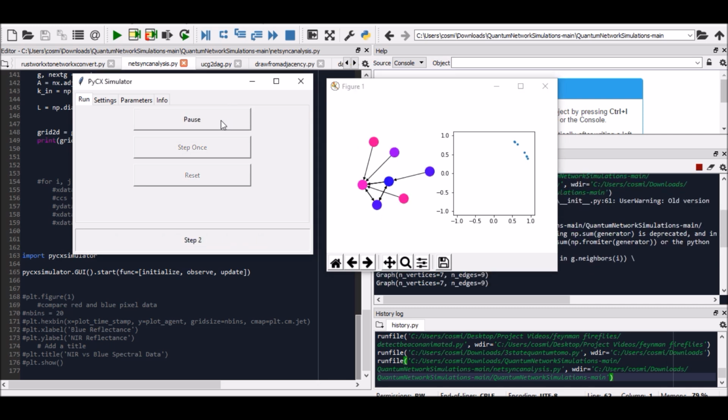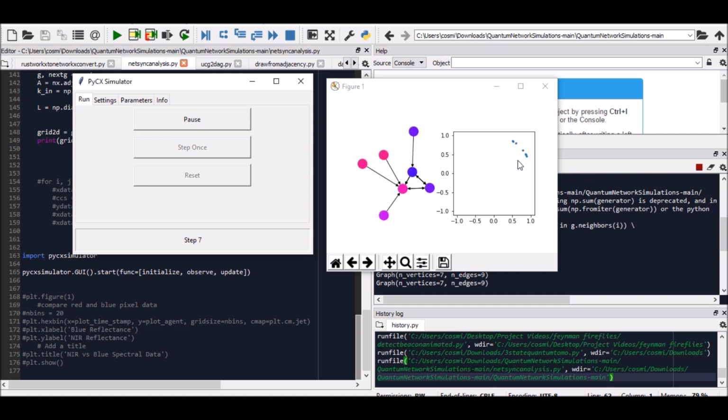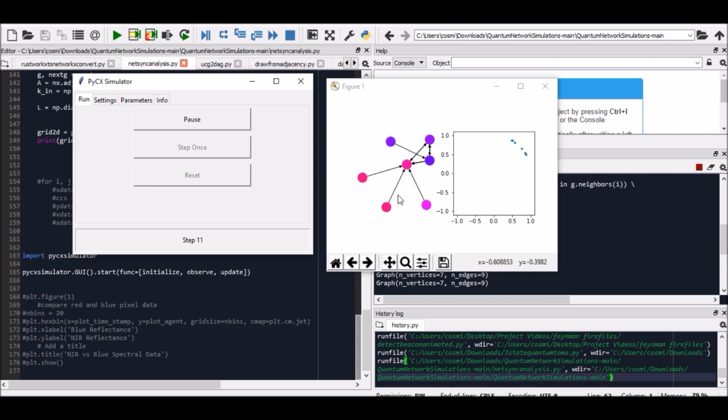So if I run this simulation, eventually it will begin to display synchronization, where all of the nodes are being mapped as the same color in the graph, but also in the phase space plot here, you can see the individual oscillators moving towards synchronization, one kind of supernode that's moving along the cavity, moving along in phase space as the state evolves over time.